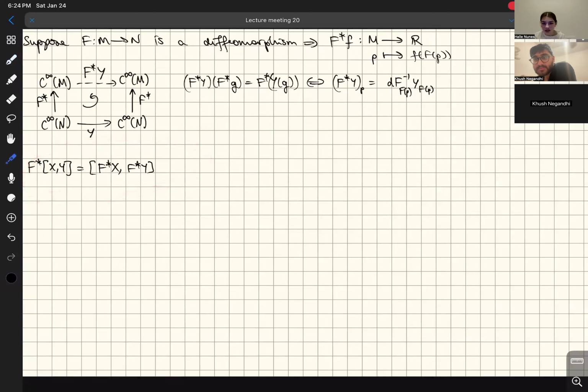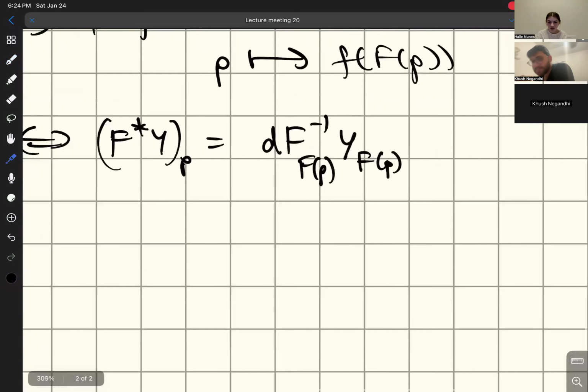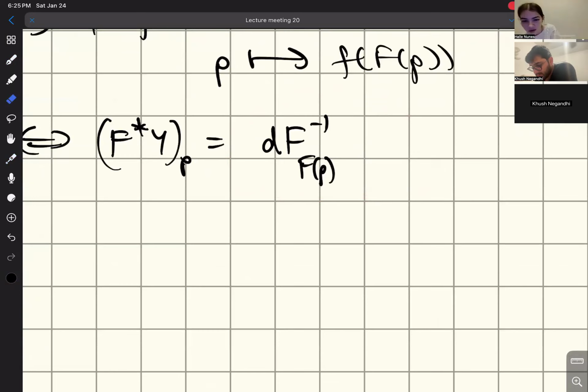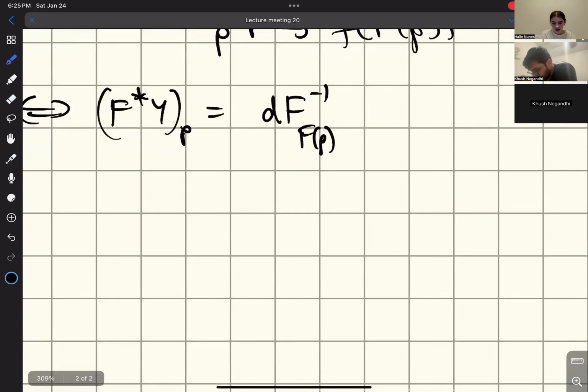Are we evaluating the derivative at P and then applying it to Y?